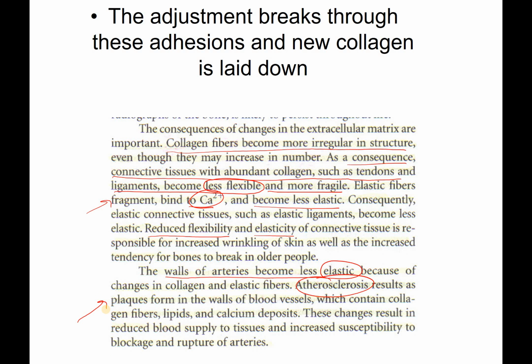That is what is creating damage, and then the body comes in to try and repair it. So in this example with plaque formation that develops between the tunica intima and the tunica media in a blood vessel, yeah, you're going to get some plaque, but that is all a side effect of the body doing its job to try to wall off and protect. So no matter how much statin drugs you take, this is going to happen.